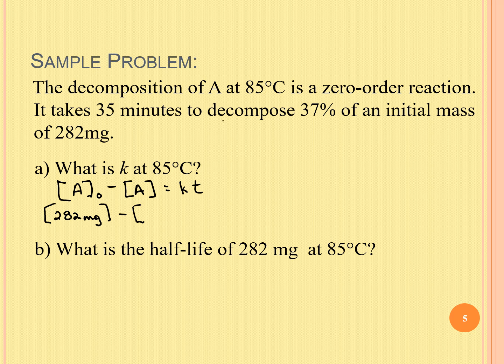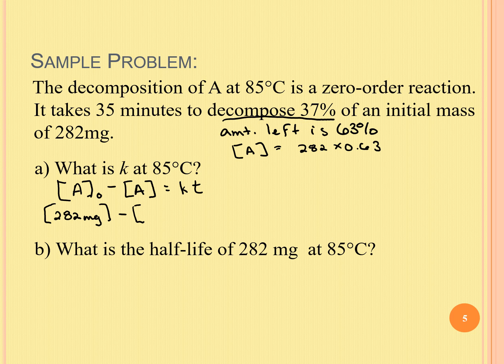Well, we decomposed 37%. And so the amount that is remaining, the amount left, is 63%. So our A has to be 282 times 0.63, not times 0.37.